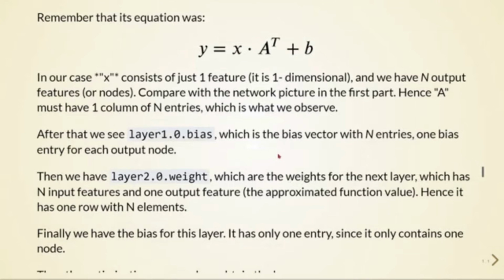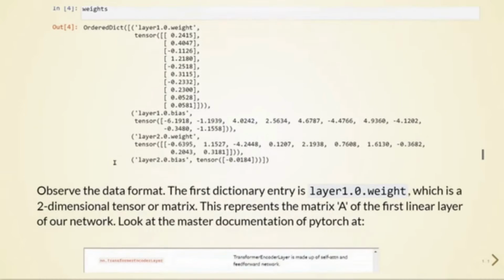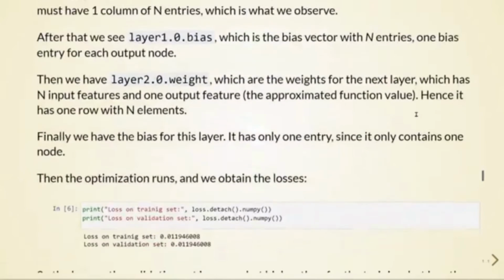And finally, we have the bias for this layer, and it has only one entry since it only contains one node. So we have the weights for the first layer, the bias for the first layer, the weights for the second layer, and the bias for the second layer.